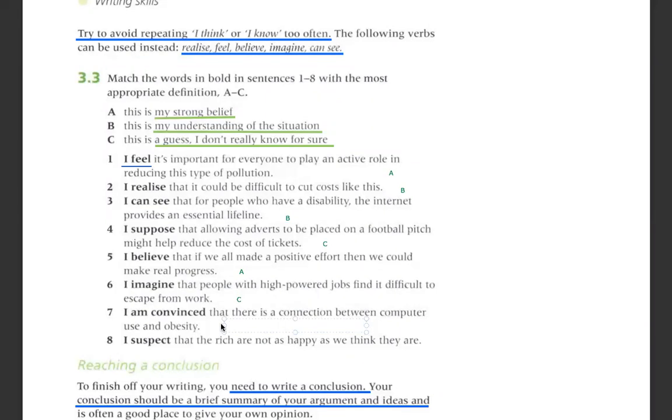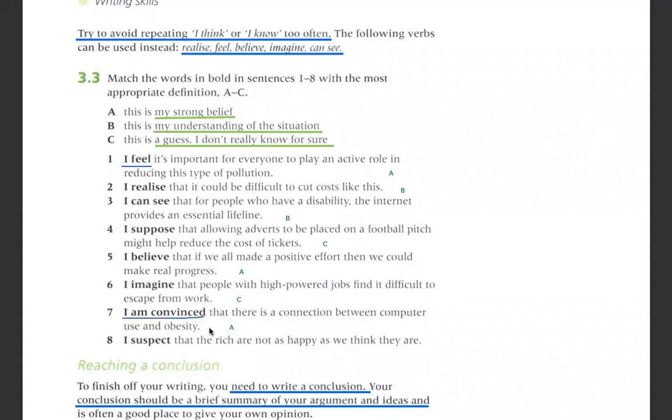I am convinced that there is a connection between computer use and obesity. Right, some of you are getting a little bit confused with this. I am convinced is a very strong belief. So this is definitely A. So if you don't know what this phrase means, please write it down.